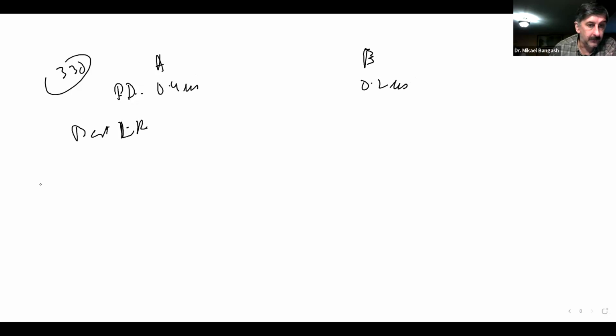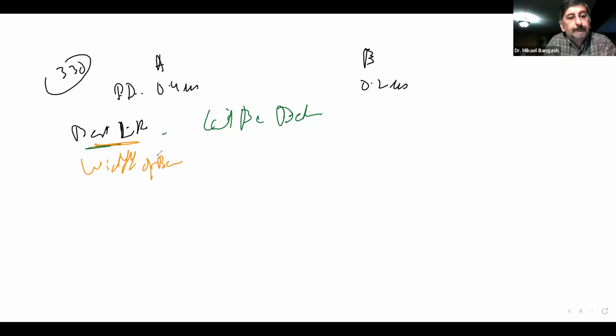Now here we can say this can't be determined. Because for the lateral resolution, what was it that we needed? Width of beam.